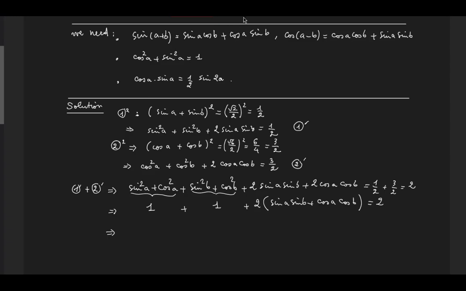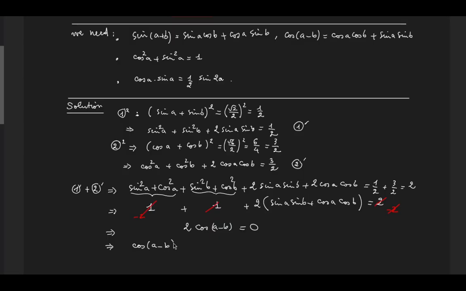If we subtract 2 from both sides of the equality, plus 2 minus 2 equals 0, and we are left with 2 times cosine a minus b equal to 0.